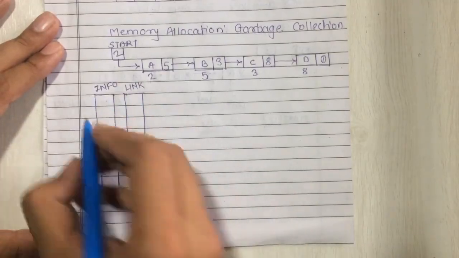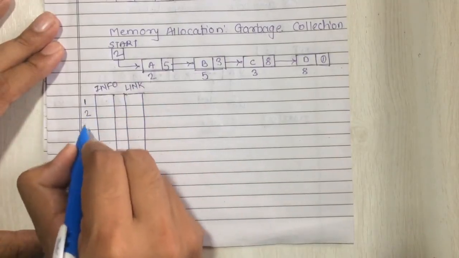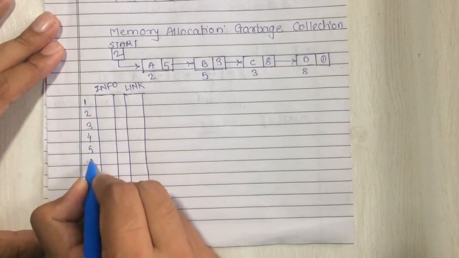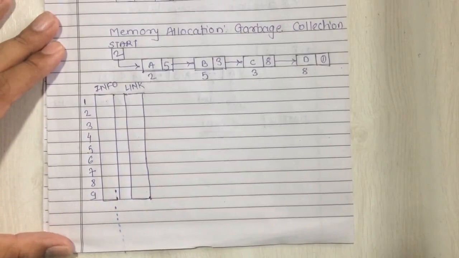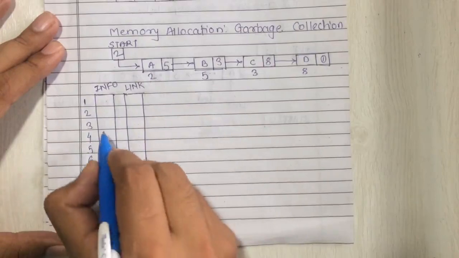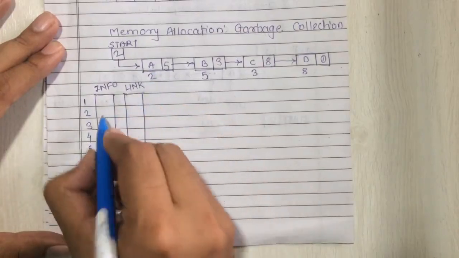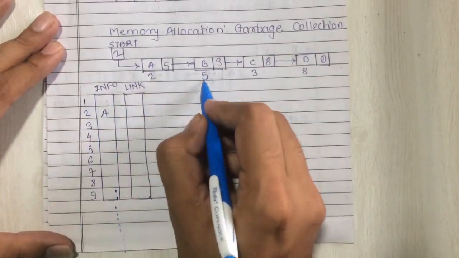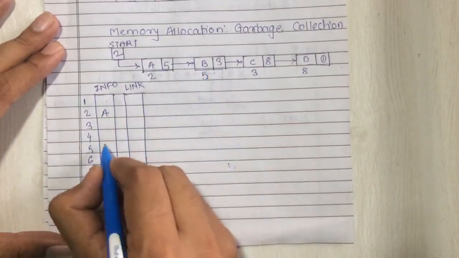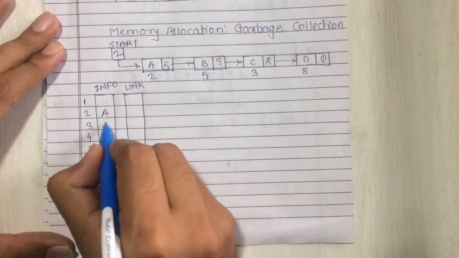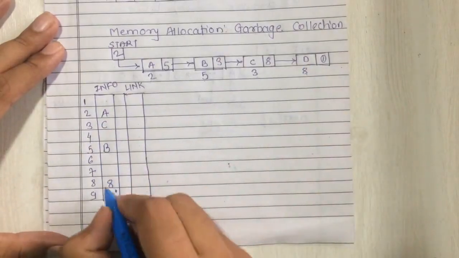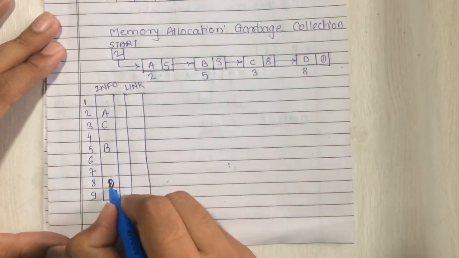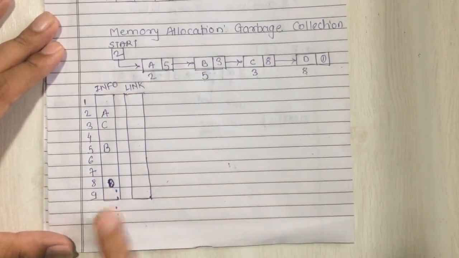Again, I will write the addresses over here: 1, 2, 3. Now we know that A is present at the second address, so A will come over here. Then B is at 5th, C is at the third location, and D is at the 8th location. Sorry, here will come D.